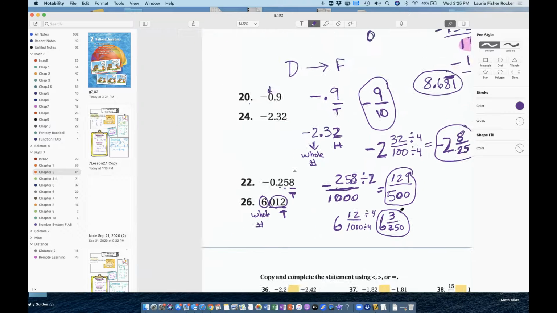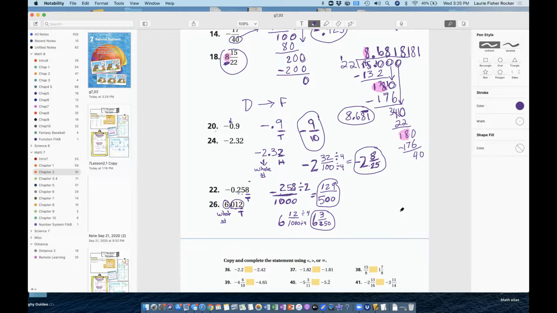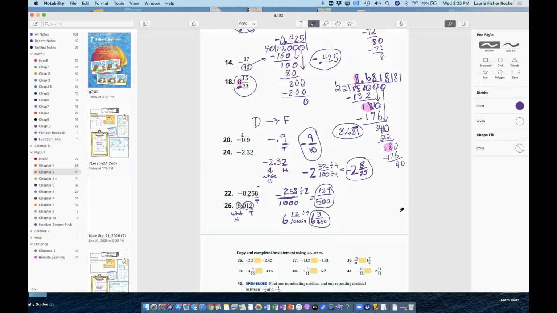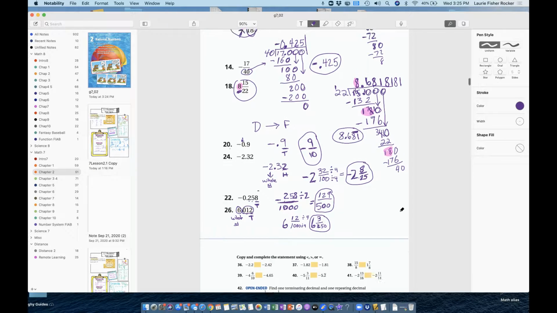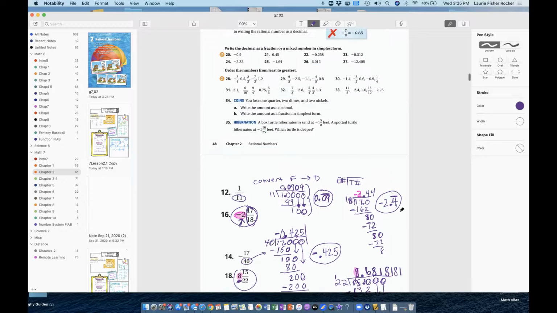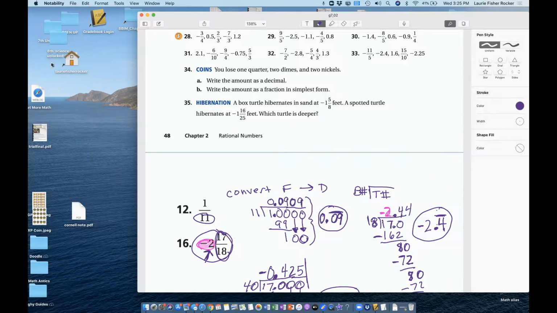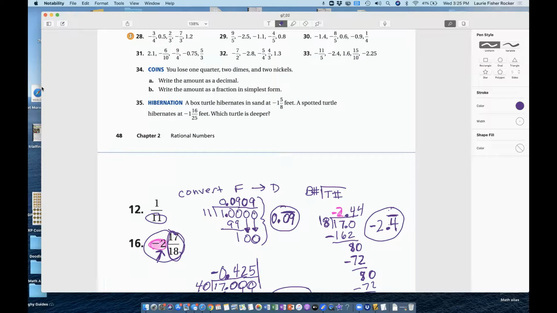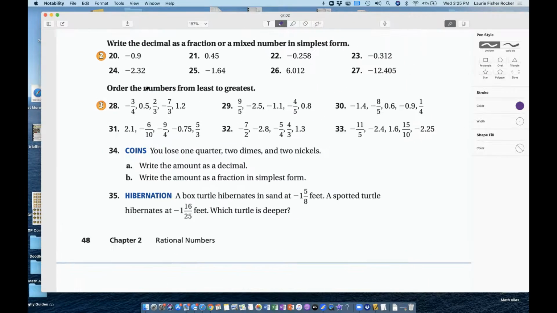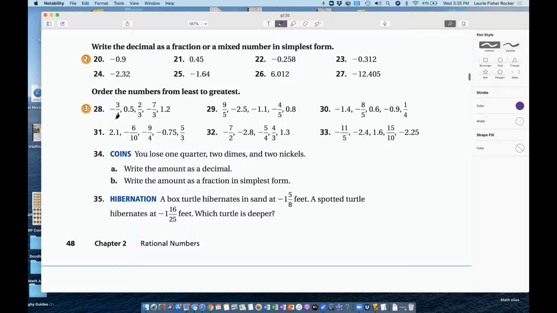Now, I know there's more to this assignment, but now you're having to go into some ordering. I know that you have to put some stuff in order here. To put it in order, sometimes you're going to have to make the decimal version of these and then compare them.